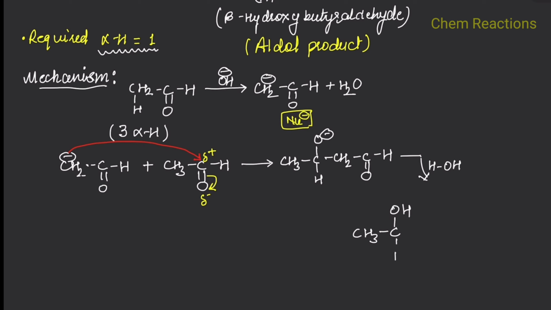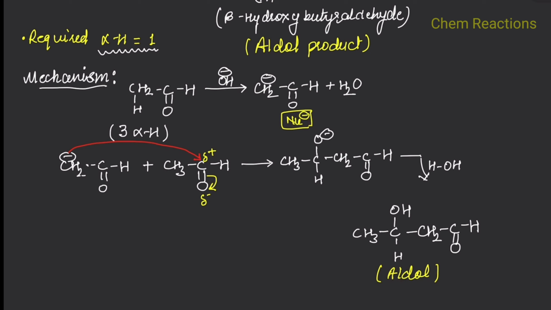So this alcohol is obtained through this reaction. This is an aldehyde, and this is your aldol product, beta-hydroxy butyraldehyde.